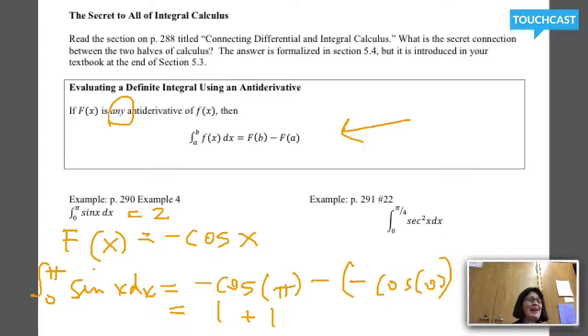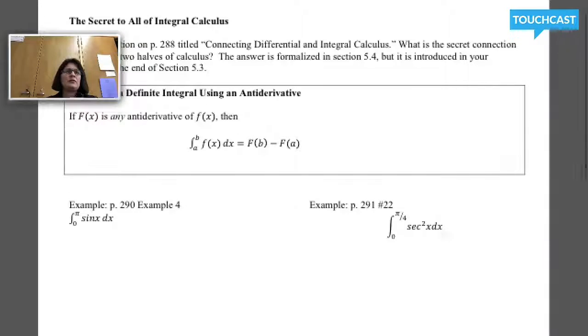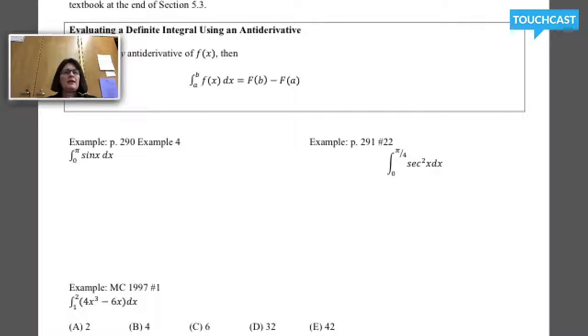Look at this next one. Can I find an antiderivative for secant squared of x? If I can, then I'm going to be able to evaluate this definite integral. When I see secant squared, I think, oh yeah, that's the derivative of tangent. I'm going to write myself a note, the capital F in this case is tangent x. All I need is any antiderivative. That's why I haven't worried about a plus c on the end.